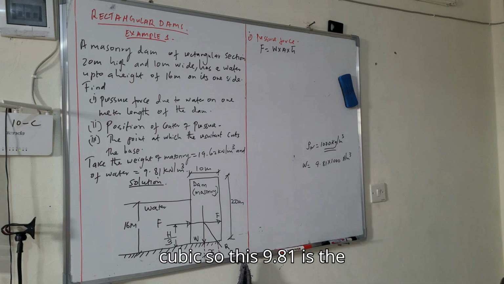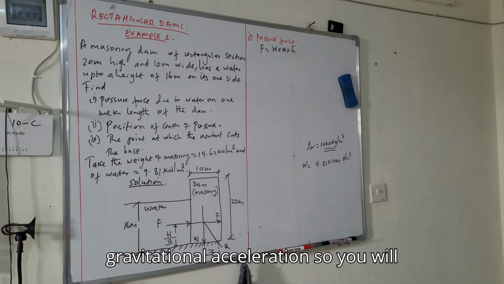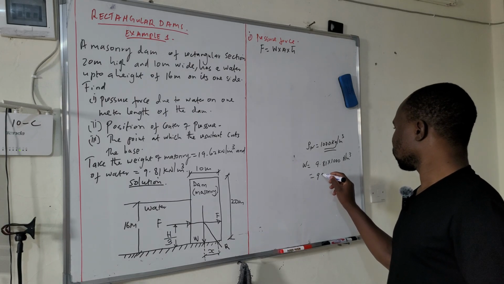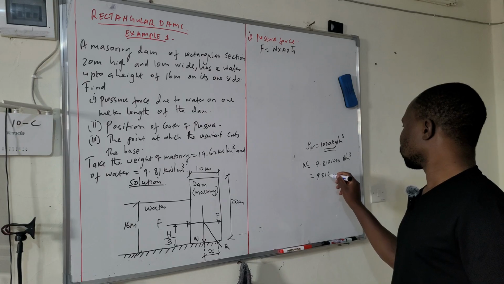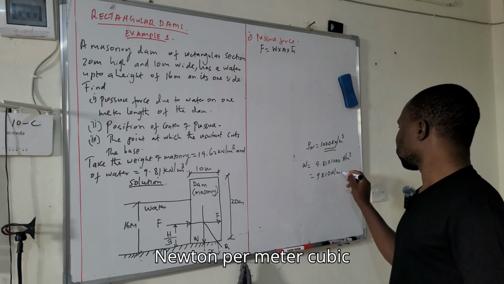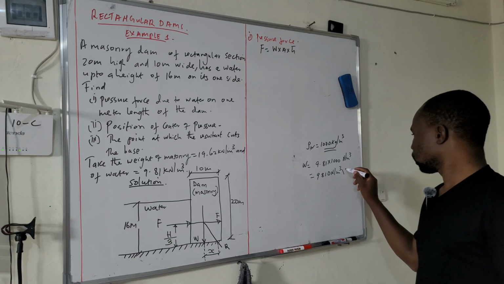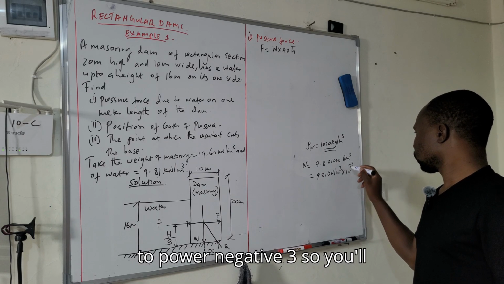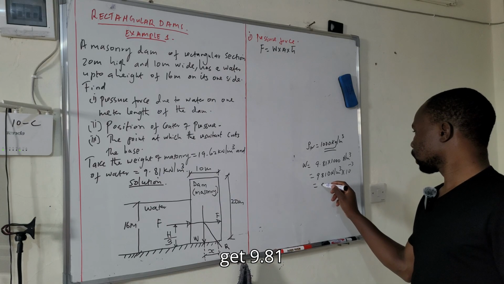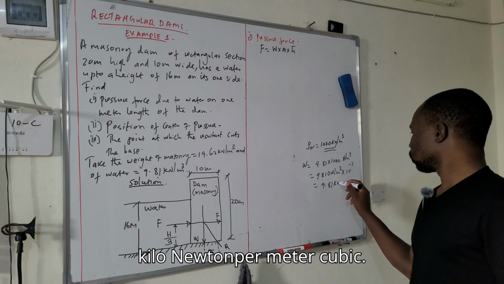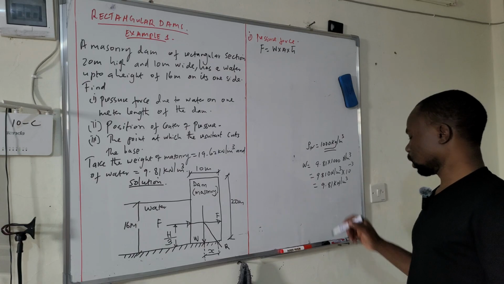This 9.81 is the gravitational acceleration. So you will get 9810 Newton per meter cubed. Then you multiply by 10 to the power negative 3, so you will get 9.81 kilonewton per meter cubed.